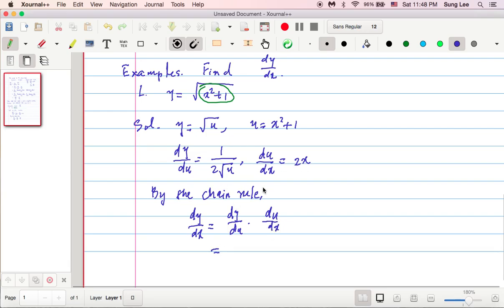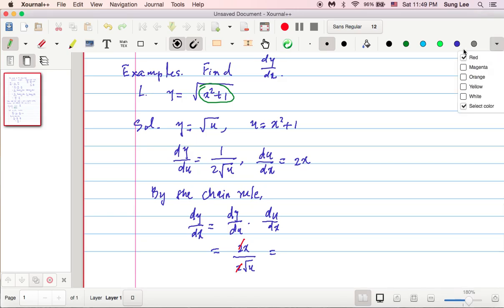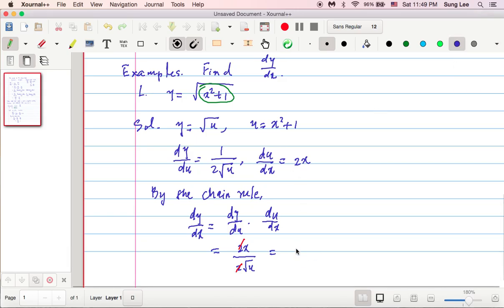So we just multiply these two guys. That's going to be 2x over 2 times the square root of u, and we can cancel 2 out. X over square root of u.